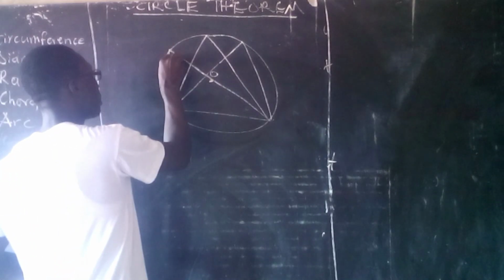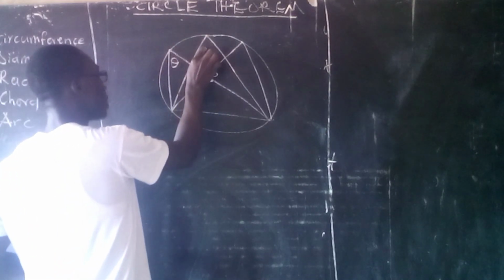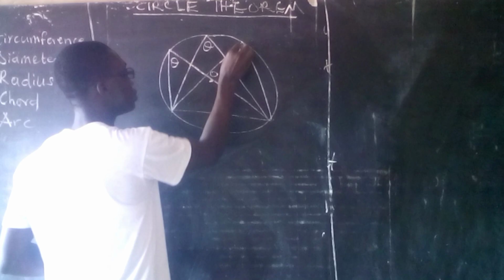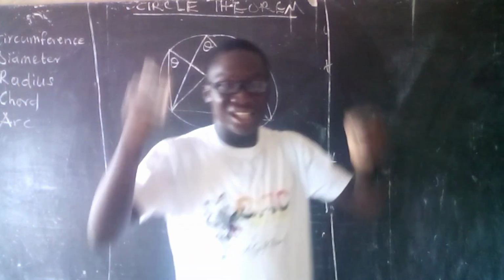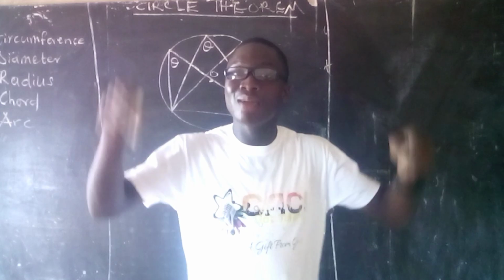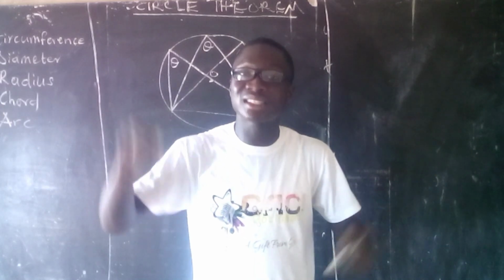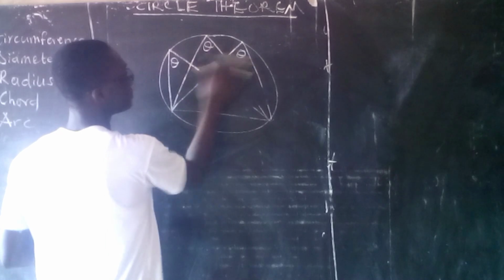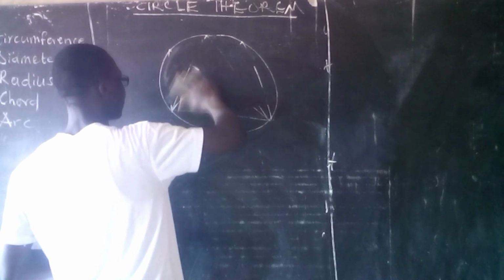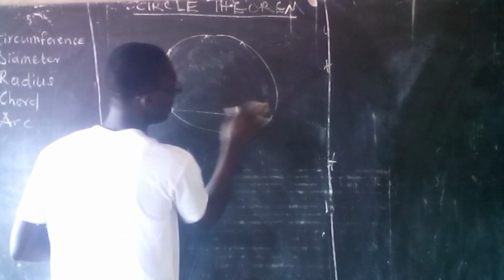So if this angle is theta, this one too is theta, this one too is theta. The angles are equal because they are subtended by the same chord, and they are also in the same segment. If it were to be on the minor segment, then it would be like this.